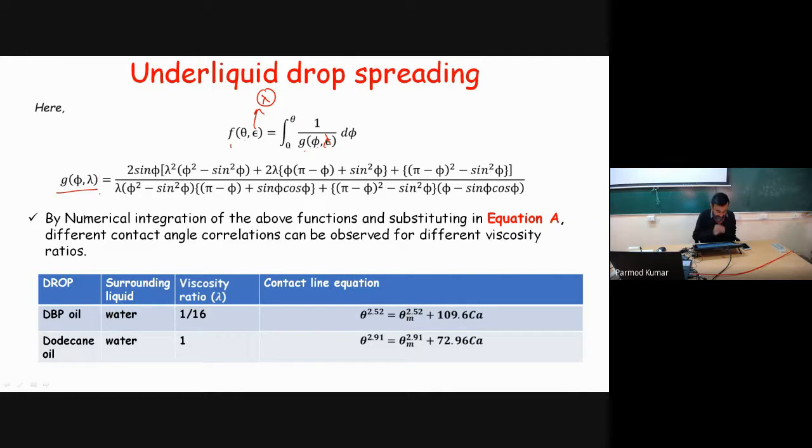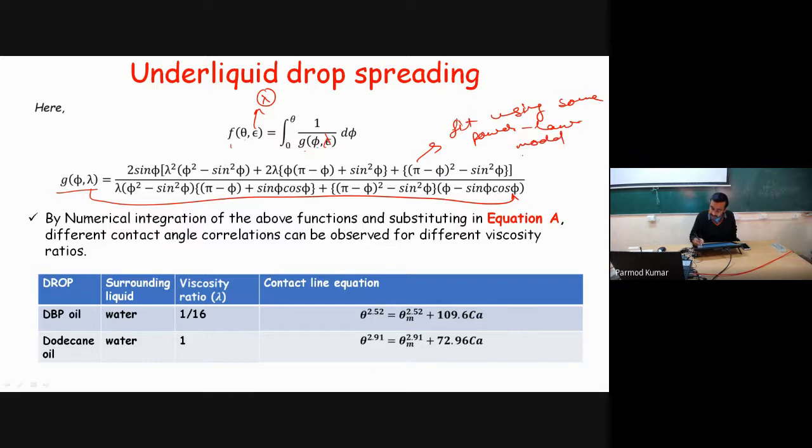This particular function we have tried to fit using some power law model, and we have fitted it for different values of lambda depending upon the combination of the drop and the surrounding liquid.